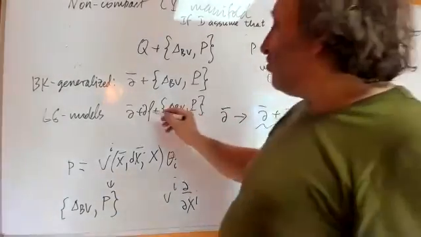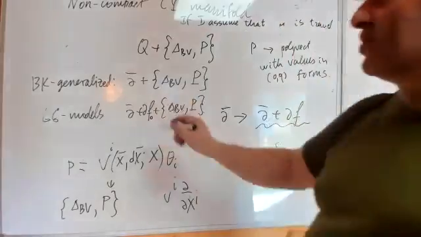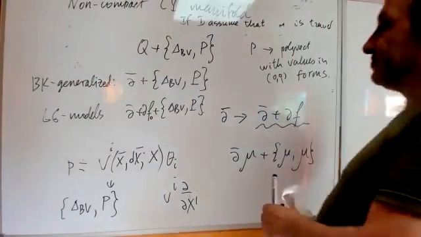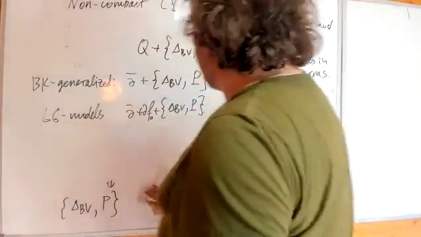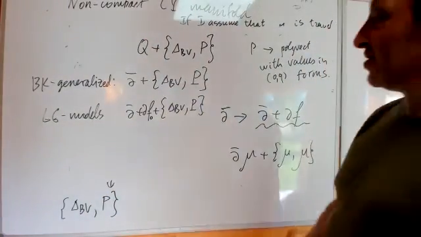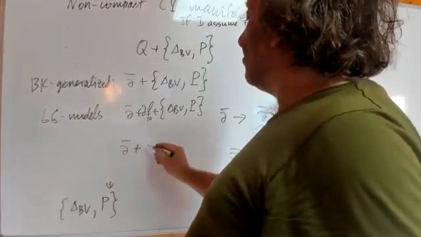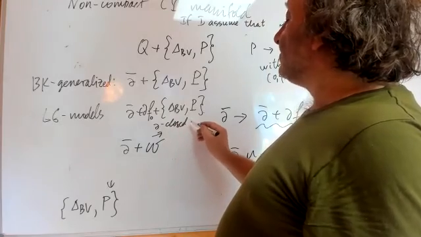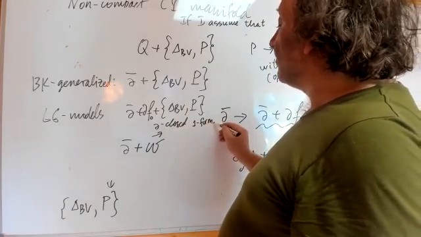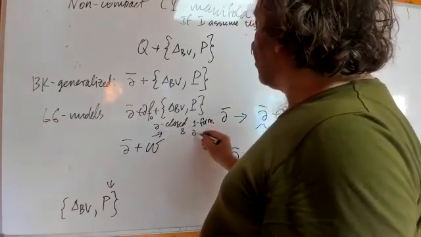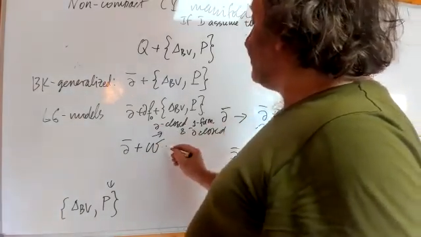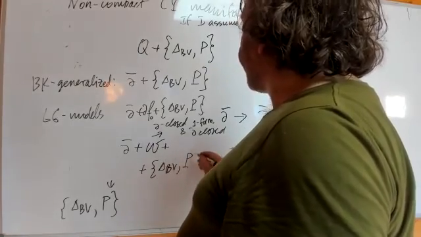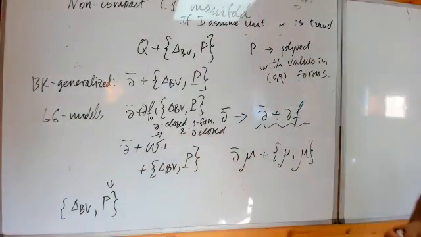However, for the non-compact case, it's better to keep here such df naught. Or if you have non-trivial topology, you may put here things like this. So here you have a d-closed one-form, and also d-bar closed. So it is the most general case.